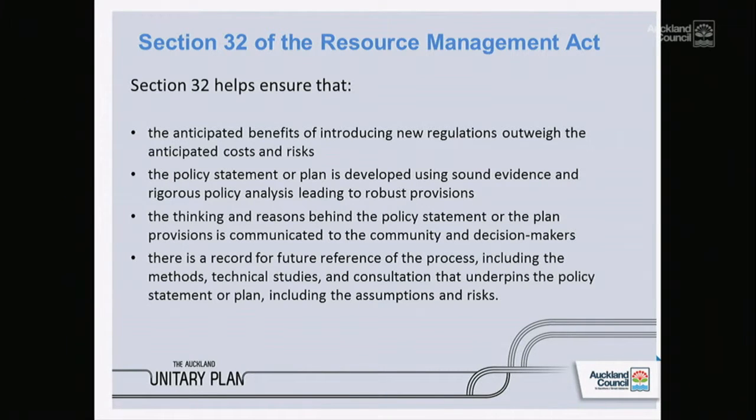For a policy statement or a plan, so a regional policy statement or a district plan, it's about ensuring that they're developed using sound evidence and rigorous analysis to get to the right outcome, that the thinking and reasons behind your policy statement or plan are clearly communicated to the community and decision makers, and also that there's a record of that analysis going forward. Often Section 32 includes a whole lot of technical studies and reports. The Section 32 for the unitary plan as notified runs to many, many volumes, and has a whole range of technical reports that back that up.